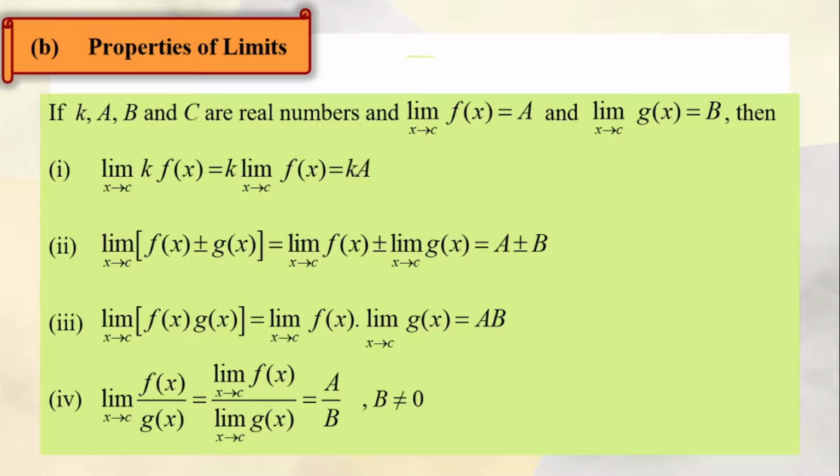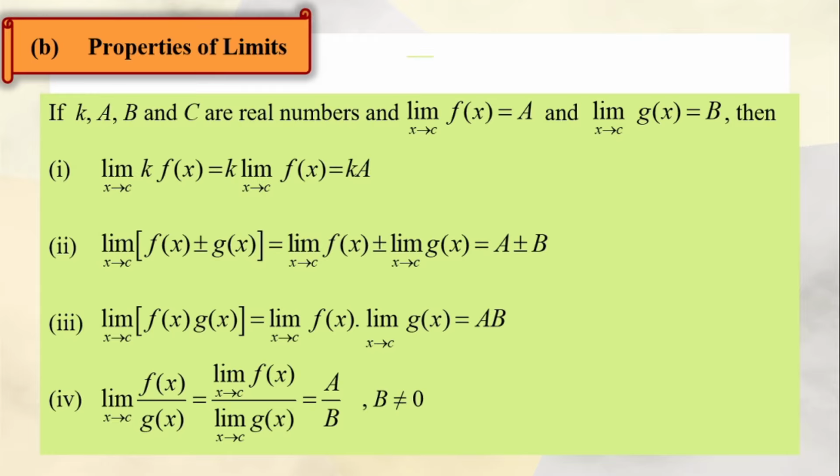The third property is the product rule. This rule says that the limit of the product of two functions f(x) and g(x) is the product of their limits. And the last rule is the quotient rule. The limit of the quotient of two functions f(x) and g(x) is the quotient of their limits, provided that the limit of the denominator function is not 0.